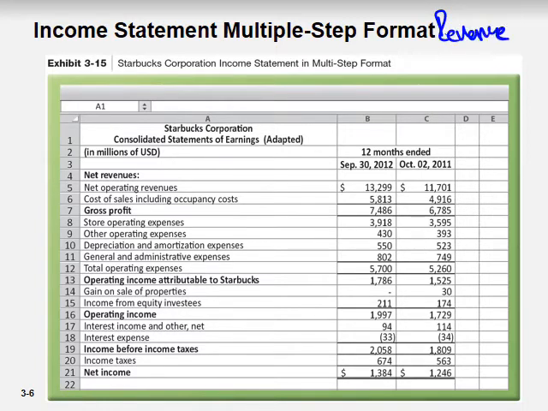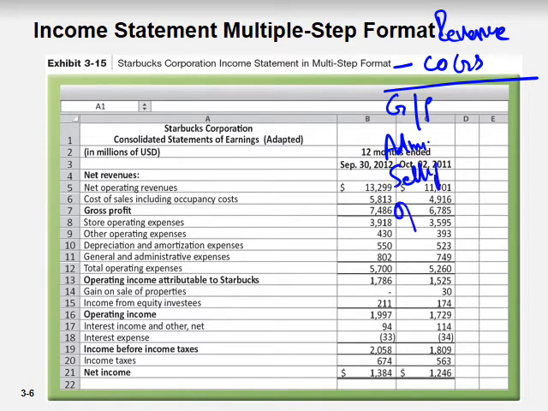minus cost of goods sold. This will result in gross profit, and then from gross profit you less all the admin, selling, operating expenses. You find out the operating income.